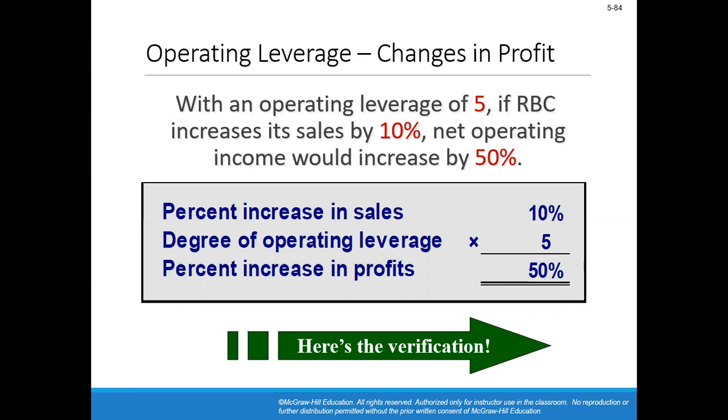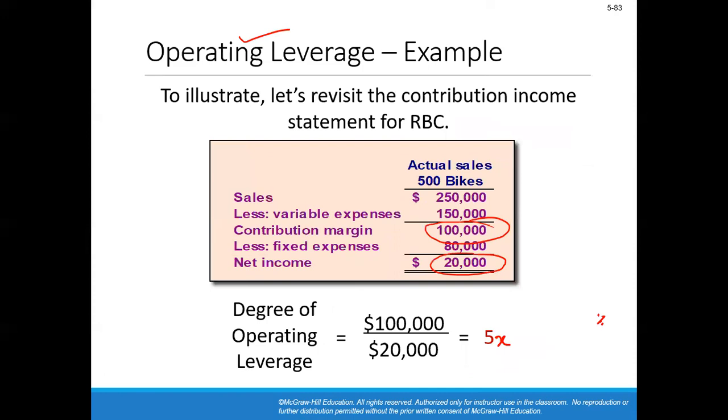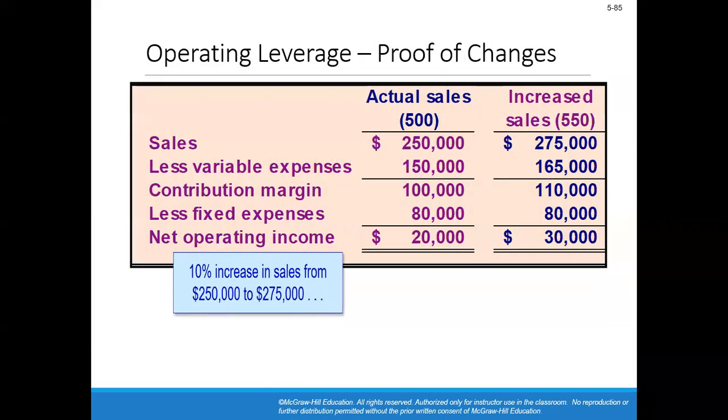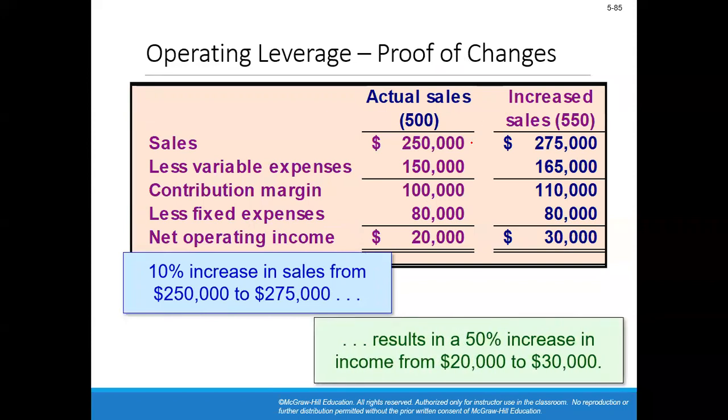So we can verify whether we did it correctly. Can you recall what our sales are here? 50,000. Okay. So if we increase our sales by 10%, what will our sales be? 50,000 will now become 10% more, 55,000.